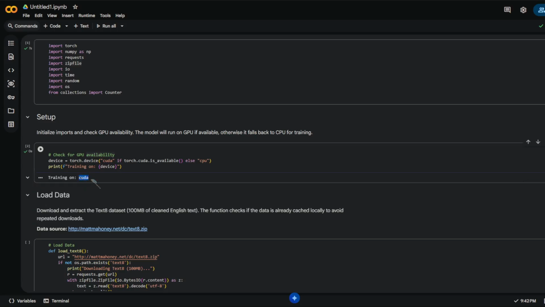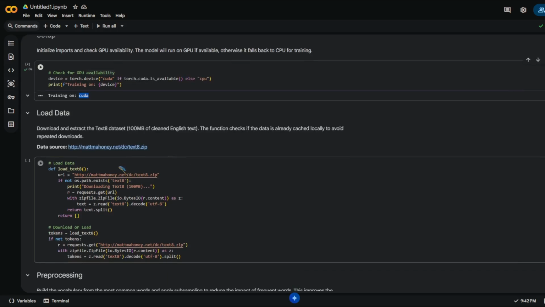Now, for the data, I've used the text8 dataset, which is essentially 100 megabytes of cleaned Wikipedia text. The raw data is just a massive string of about 17 million words. This is the source of the data. Let's load it.